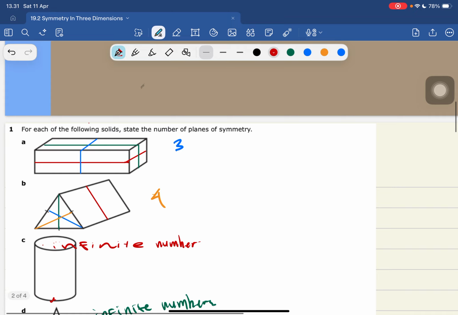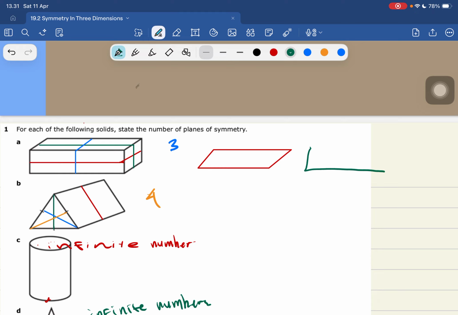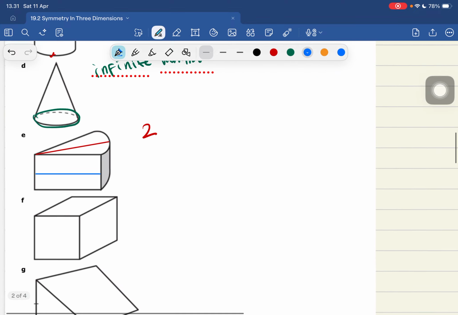Okay, let me draw it for A, to have a better understanding. So here the first plane is a plane of symmetry. Second is going to be this. And the third, here, approximately looks like this.